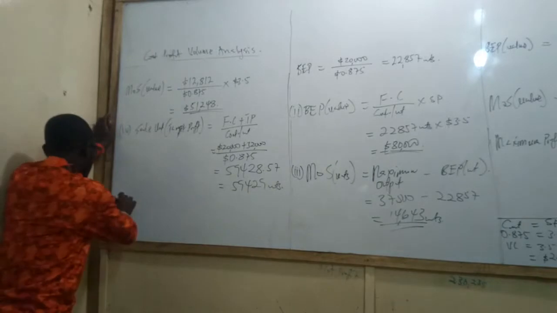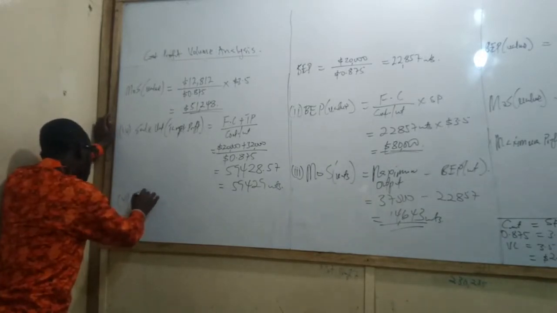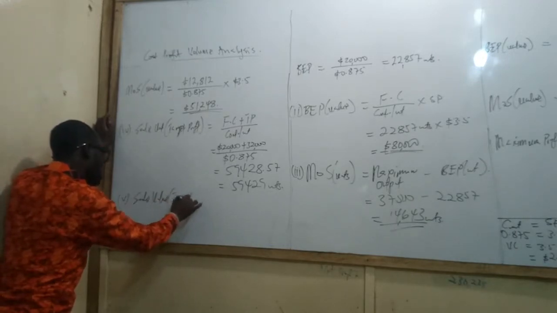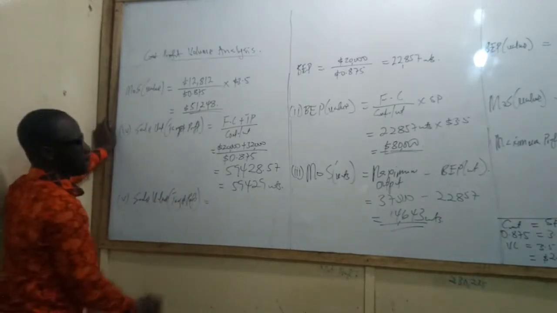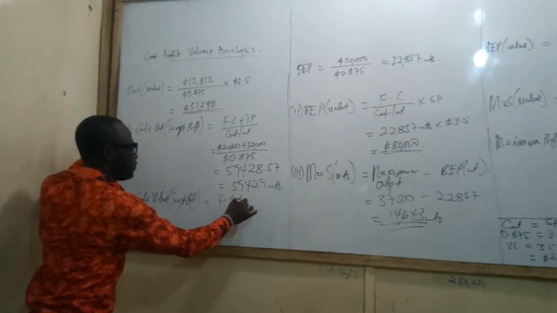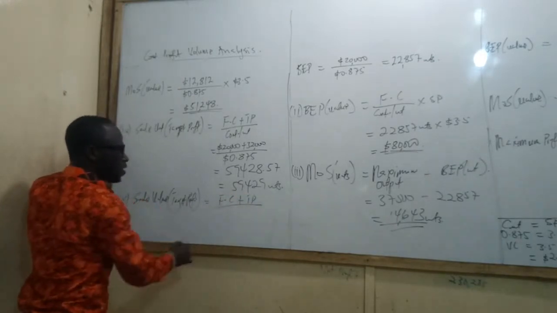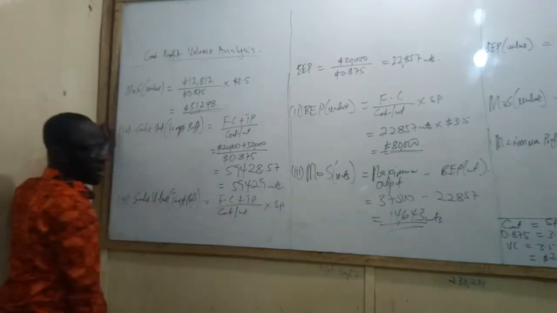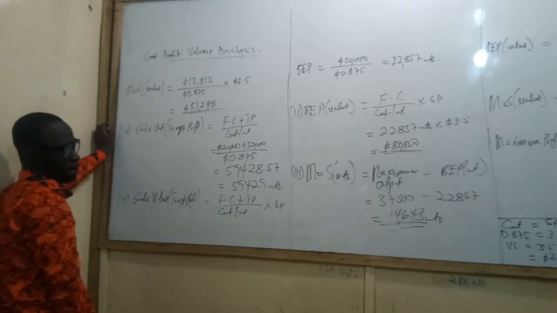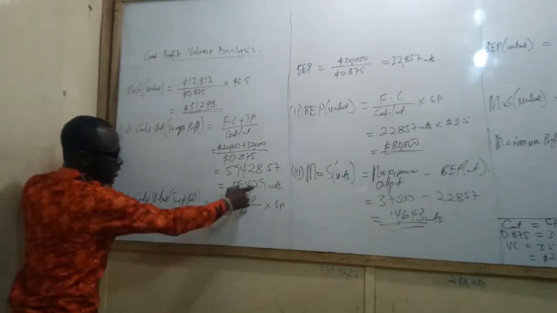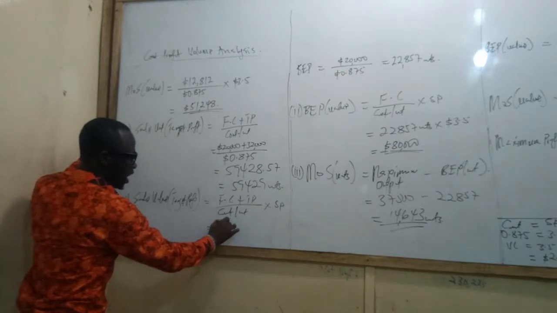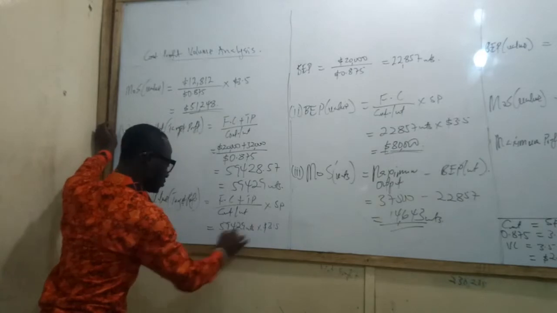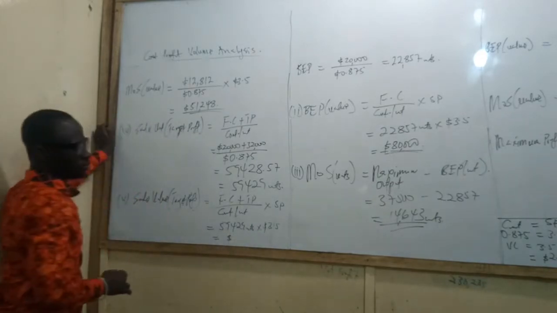Then the last one, sales value for our targeted profit. What's our formula? Fixed cost plus target profit over contribution per unit, times the selling price. This has been calculated already. So 59,429 units times our selling price, 3.5.